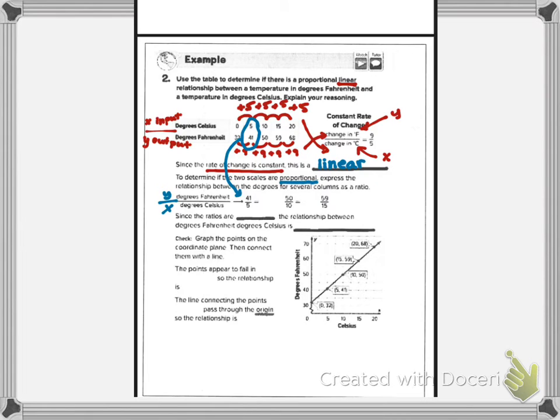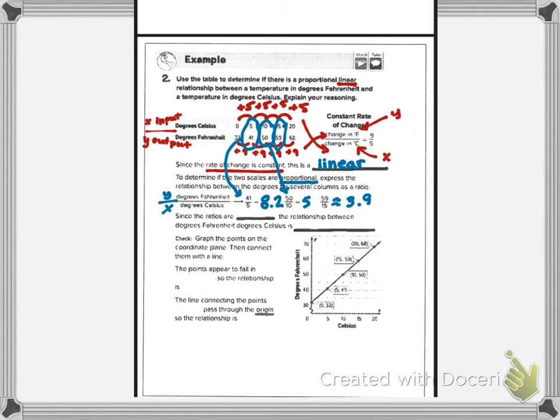You do 41 divided by 5, and you get 8.2. Then you do 50 divided by 10, that's the next set of points, and that gives you 5. Then you pick another set, we've got 59 divided by 15, and that gives you about 3.9.